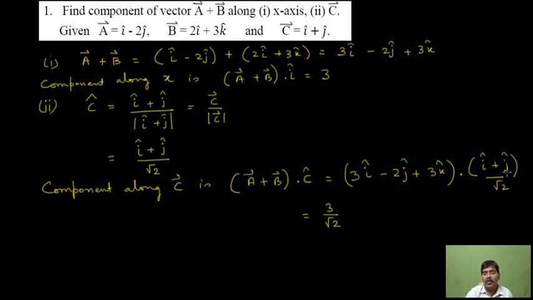For minus 2j dotted with i plus j by root 2, only the j part survives. So that is minus 2 by root 2. So that is 1 over root 2. That is the component along c.